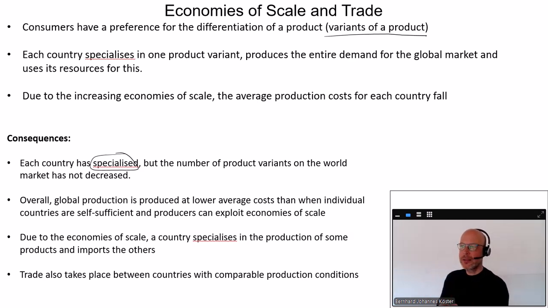You have a monopoly, but since we have this closed market, the consumers could also only buy this one product, so only one variant. Here we are also specialized in different variants, but since everybody can buy at the world market, the consumers still have the choice.